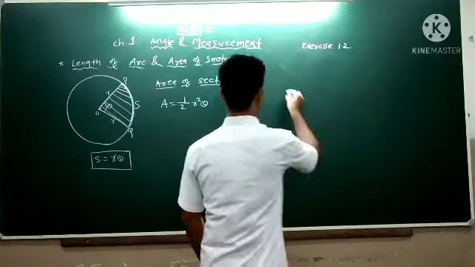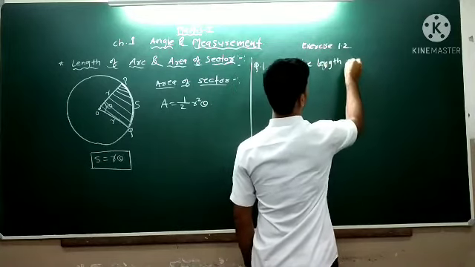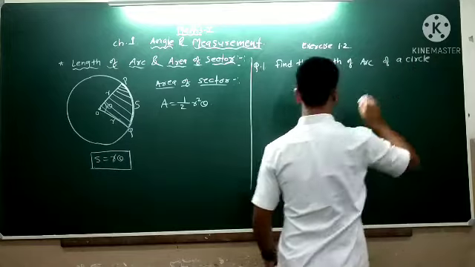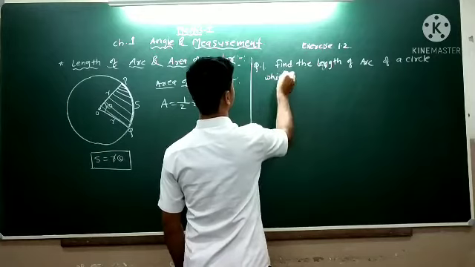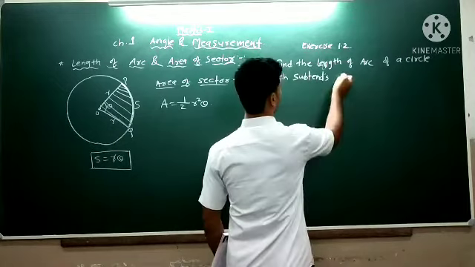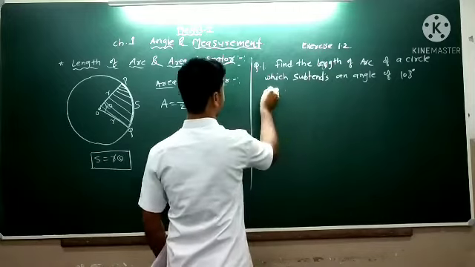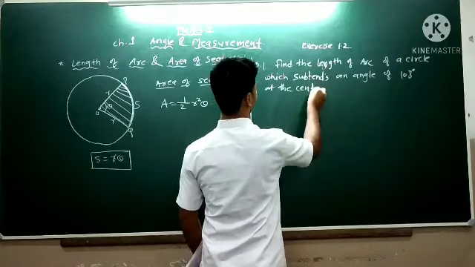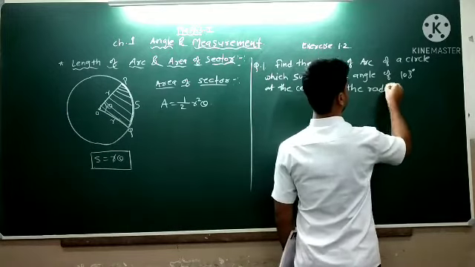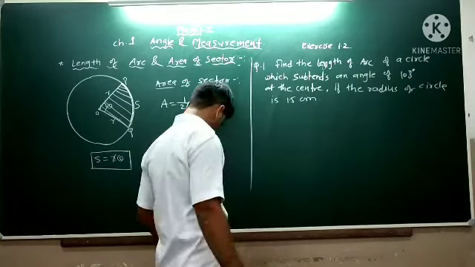They ask, find the length of arc of a circle which subtends an angle of 108 degree at the center if the radius of the circle is 15 centimeter.